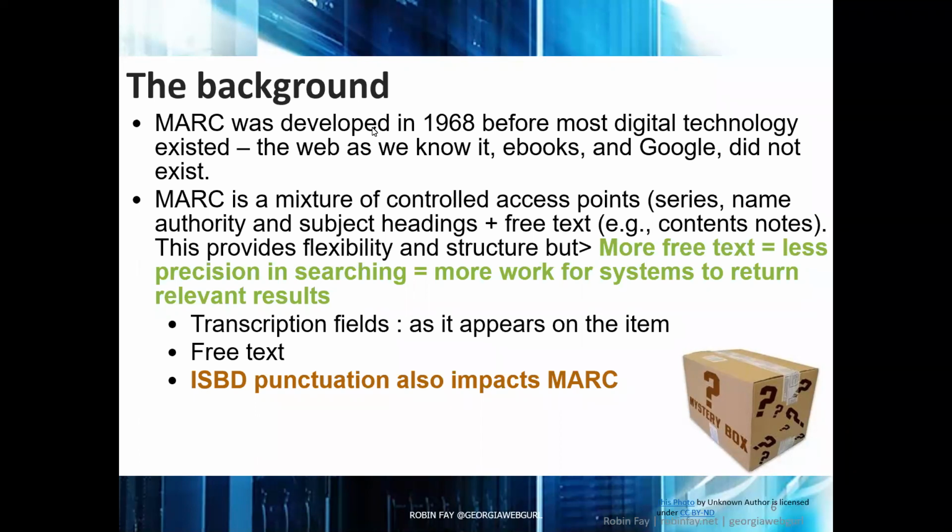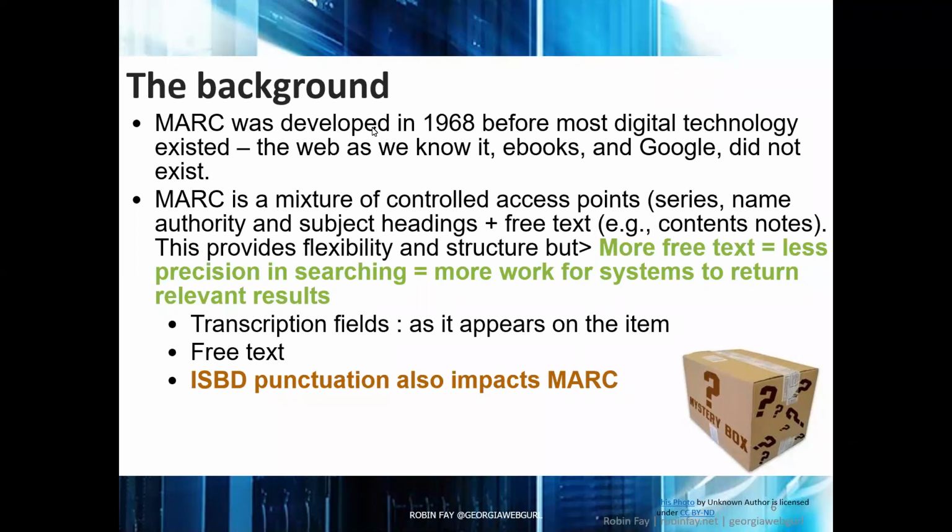You have to choose from a particular source, and we'll talk more about that as we look at those records. And then free text, where you can write anything you want, but we do have guidelines for what we record there. This provides flexibility and structure, and we're going to talk more about that because it's really a challenge for us with MARC records these days.